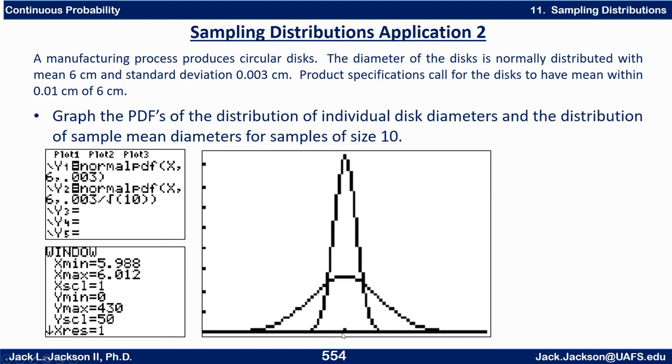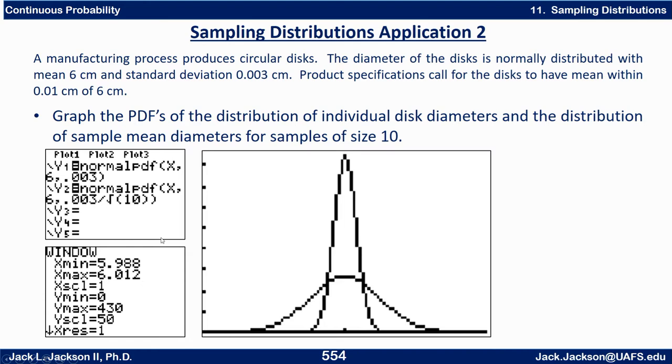Notice that they're centered at the same point. You have to try to find some sort of reasonable window. I went a little bit below a few standard deviations, probably about 3 or 4 standard deviations out from the mean of the individuals above and below this.